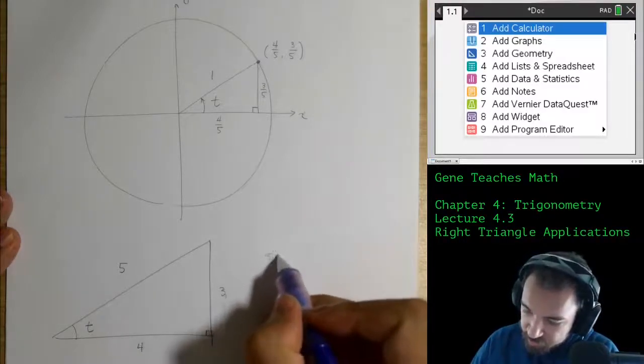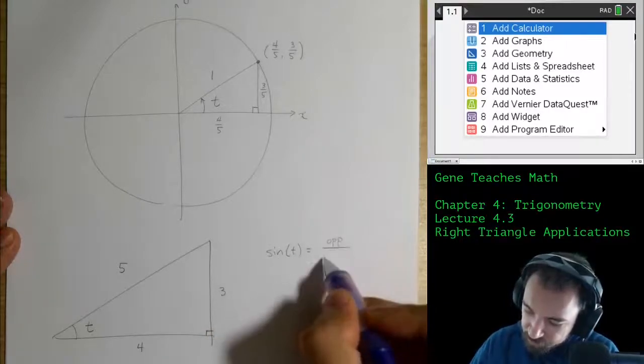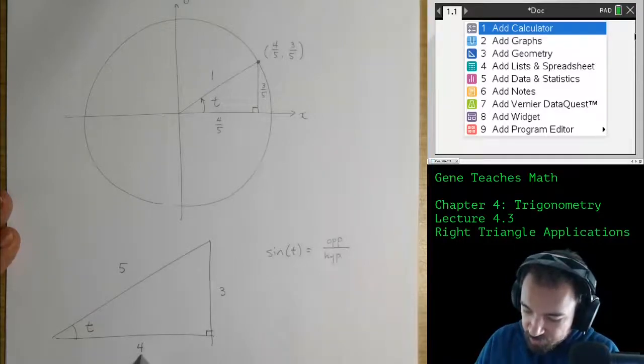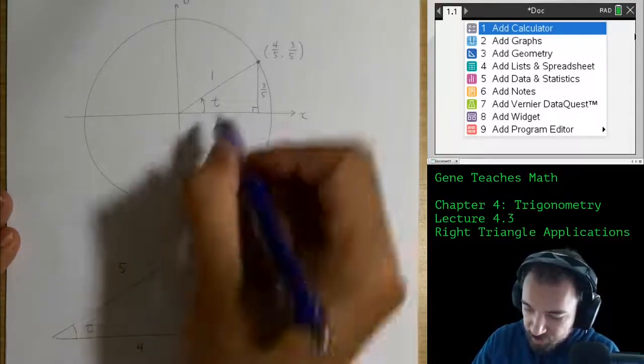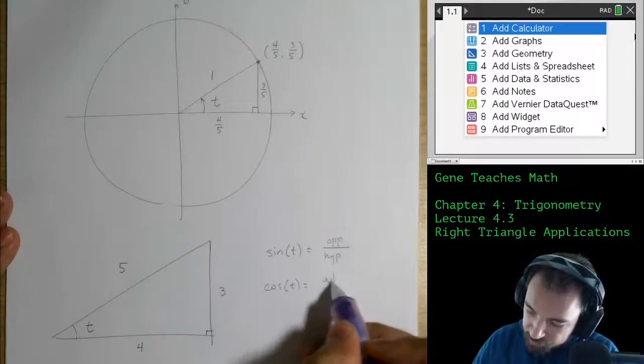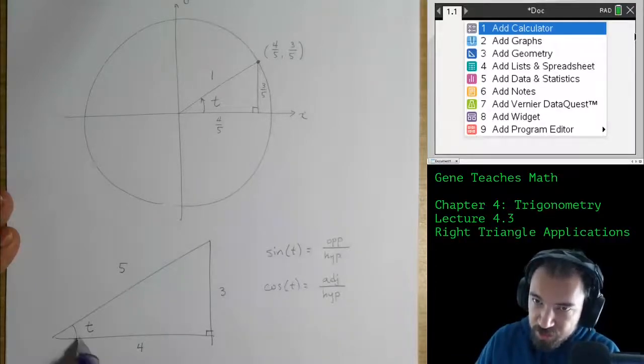So we say sine of t is equal to the opposite side divided by the hypotenuse. And then for cosine, we would need to take the base and divide by the hypotenuse. We call this the adjacent side divided by the hypotenuse. Adjacent because it's right next to the angle in question.